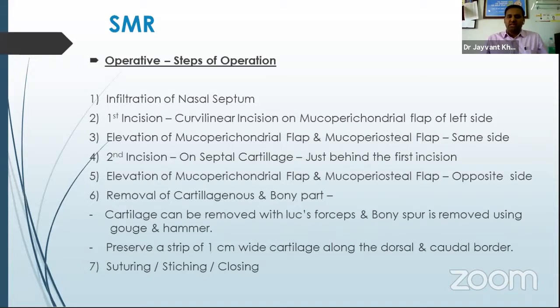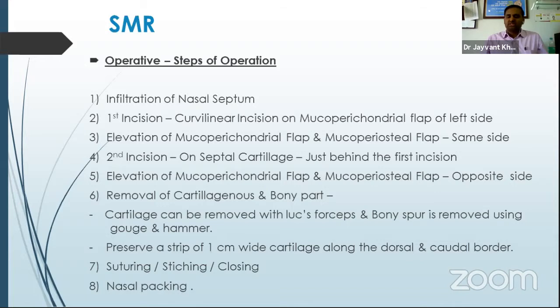Okay, then the next step is suturing or stitching or closing that wound. One or two or three stitches are done for the closing of that wound or that incision.